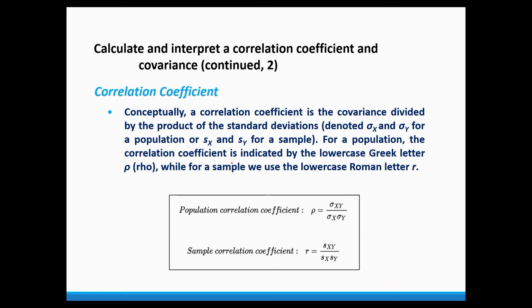So the correlation coefficient for the population, rho, equals sigma xy divided by sigma x multiplied by sigma y. For the sample, the correlation coefficient, small r, equals the sample covariance sxy divided by the standard deviation of x multiplied by s of y.